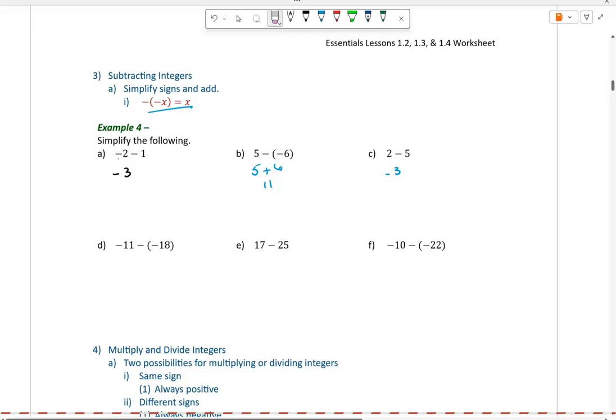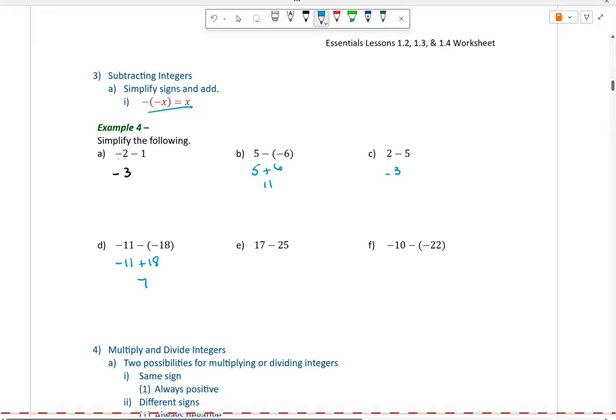So what do we get for D? 7. Well, this is negative 11. That becomes plus 18 because it's minus a negative. So keep the sign of the bigger, subtract them. So positive 7. Outstanding. How about F? 12.